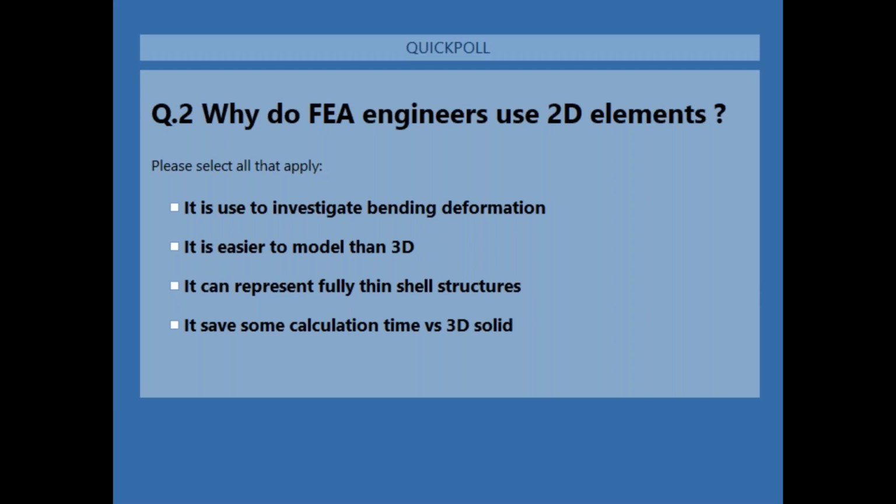Same question: why do FA engineers use 2D elements? It is used to investigate bending deformation. It is easier to model than 3D. It can represent fully thin shell structures. It saves some calculation time versus a 3D model.